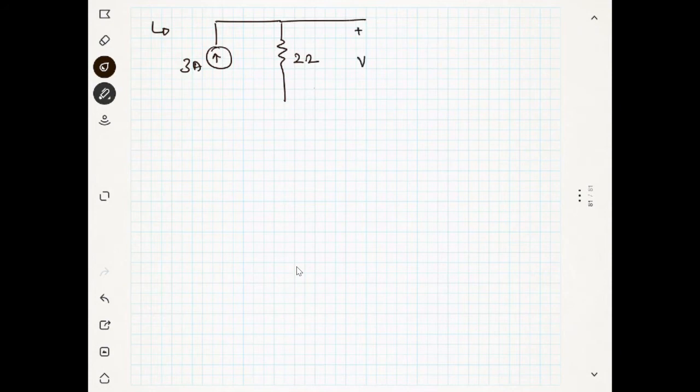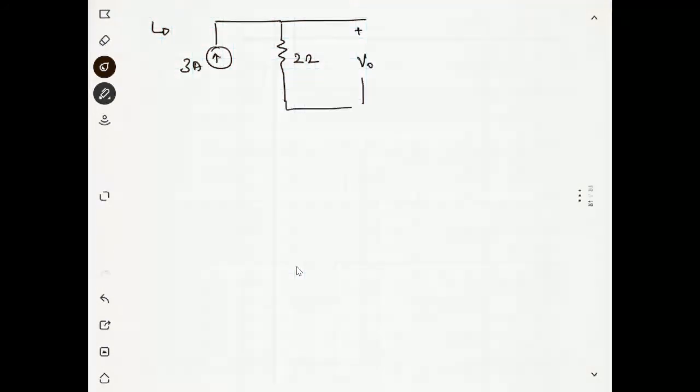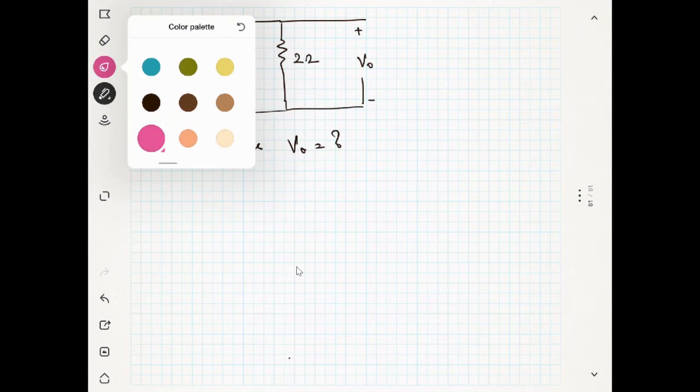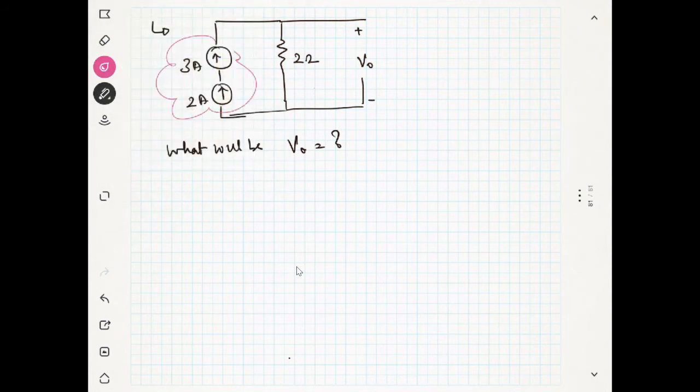You want to find V naught. This is minus, and you have another current source of 2 ampere. Then what will be V naught? This is the question. It does not exist, the circuit. Yes, the same thing. This physical connection is not possible, so it does not exist.